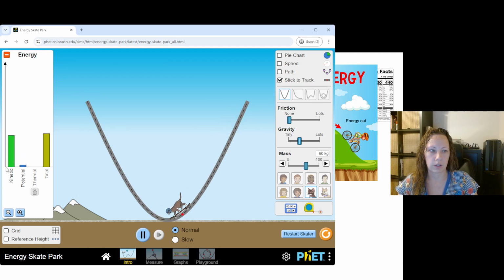But the kinetic energy is increasing all the way up until he gets to the fastest point that he's going to be at the bottom, and then it decreases. Once it gets to the bottom, you'll see it goes up and it decreases until it gets to the top again.